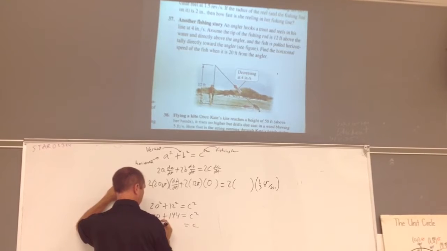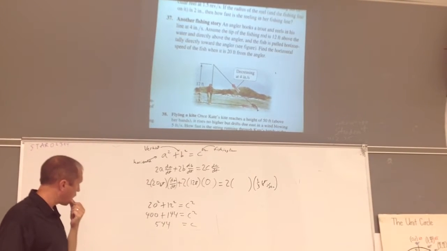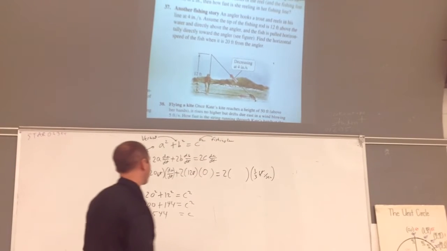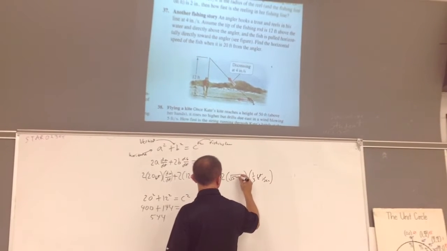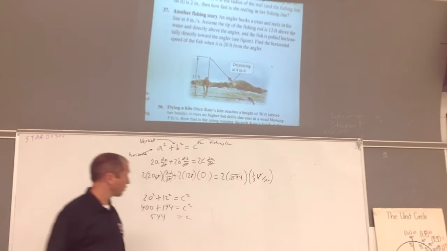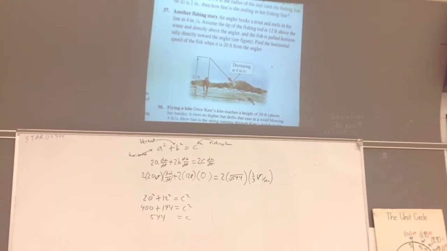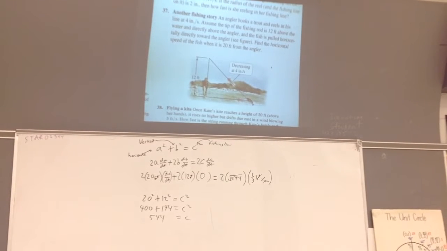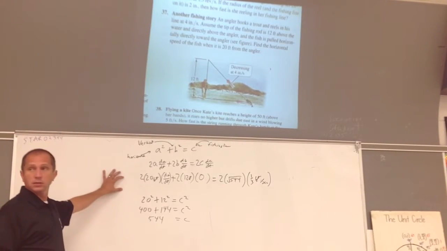So c squared equals 544. Is that a perfect square? No. It's not, is it? 23.3. Alright. But I'm going to list it as the square root of 544 for the purpose of working the problem. In the end, when I get my final answer, I'm going to take it out to 4 decimal places. But for right now, I'll call it the square root of 544. Is there a question there?